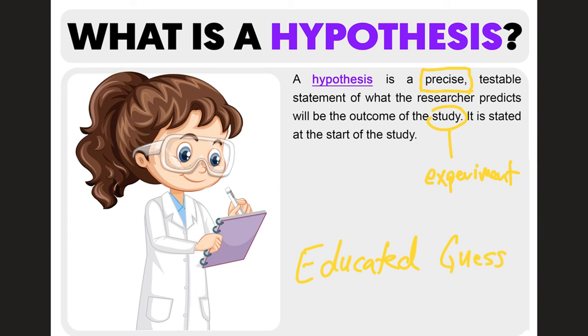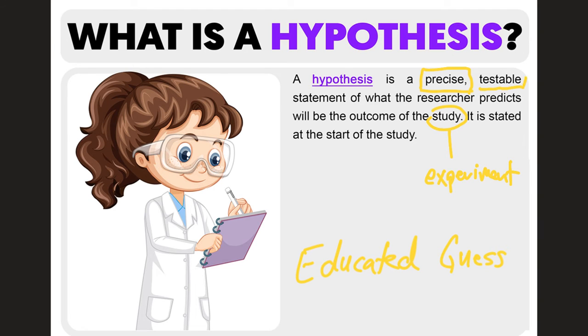If you say something like, "Oh, I think something will happen," that's not precise. Precise would be, I think that when I add 2 drops of this liquid to this bottle, the bottle will explode in 10 seconds. That's a guess that's very precise, very specific, and so you want to be specific in your hypothesis.